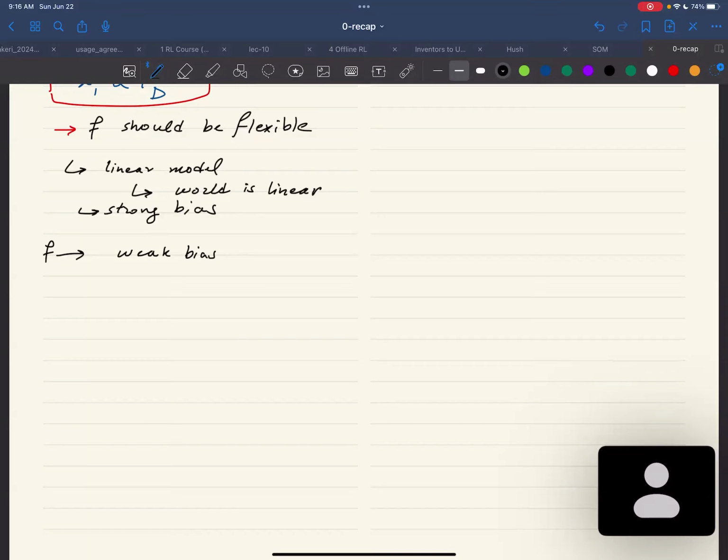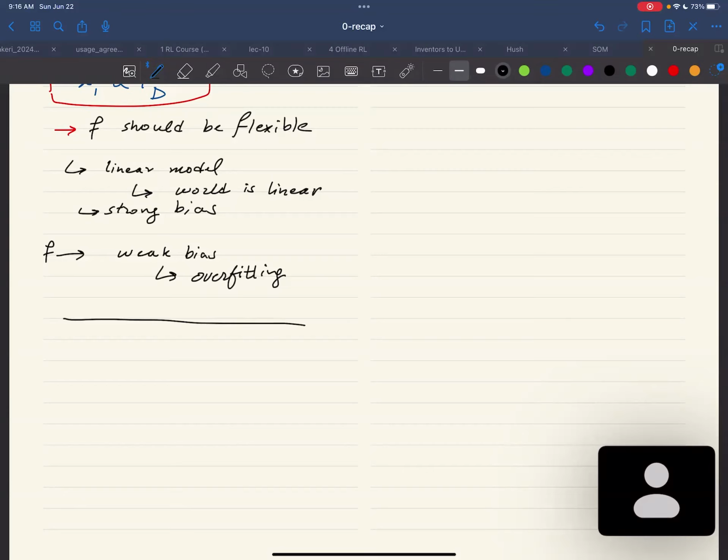This flexibility lets it learn complex patterns, but of course, this comes with a risk of overfitting. So we should always be alert on how to deal with this. This is a case of high variance and low bias. Sometimes neural networks are actually able to memorize the entire training data, and then when you deploy them on the test data, they will perform poorly.